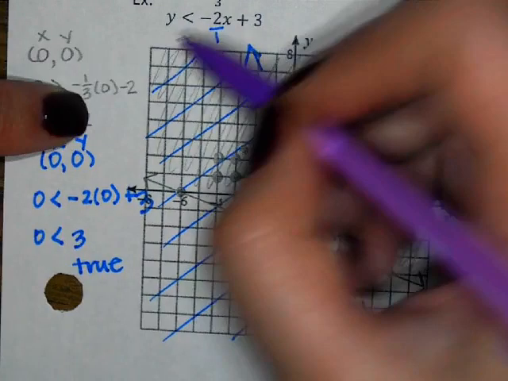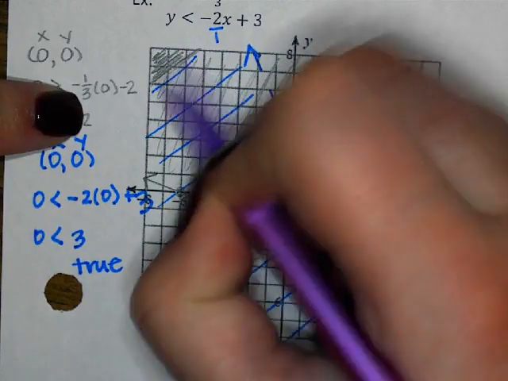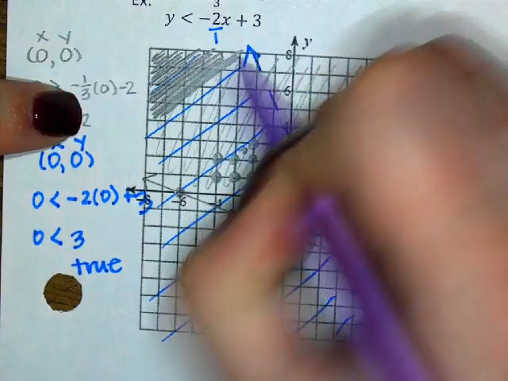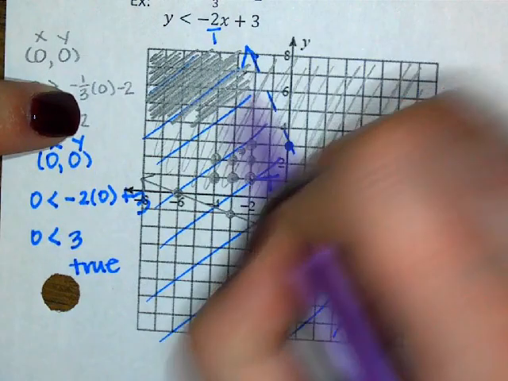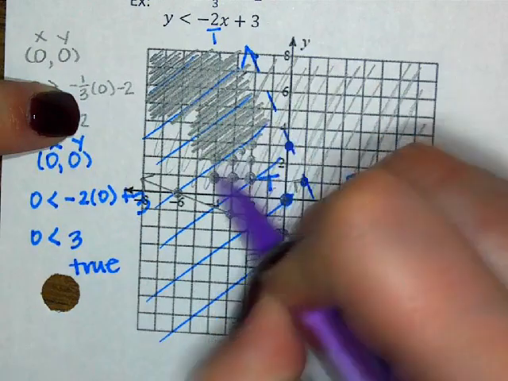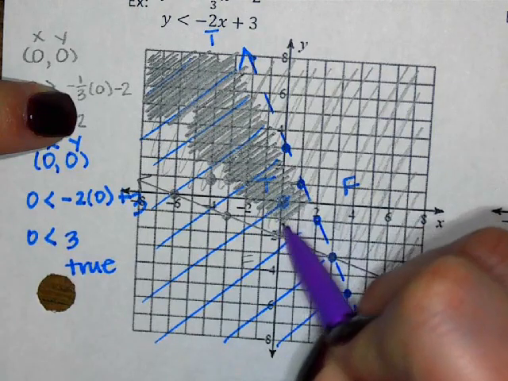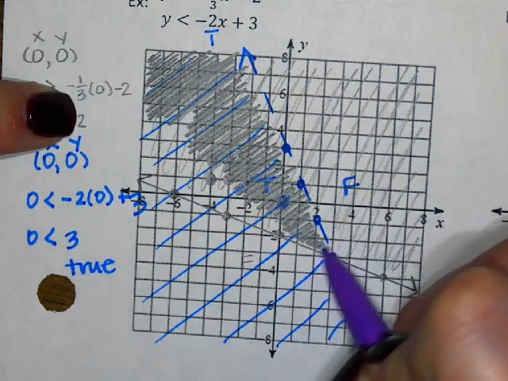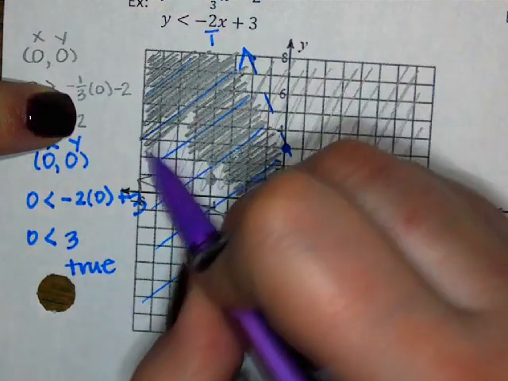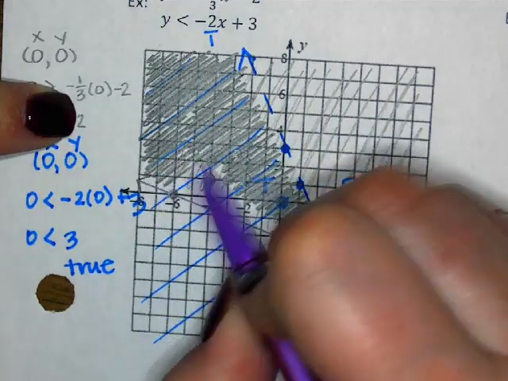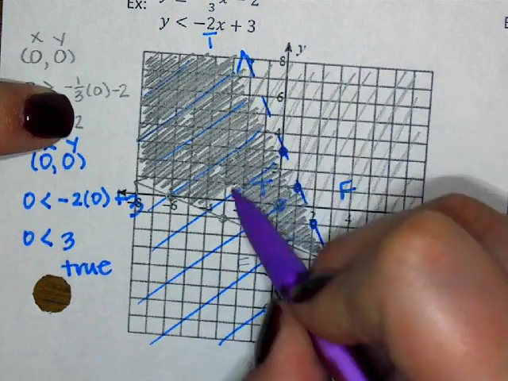So what I'm going to do is I'm going to make this part right here really dark. Once I've graphed both of my inequalities and I can see where the two colors cross each other, I always go back and I make it really dark so that I can tell where that double shaded region is. That's what I call it, the double shaded region.